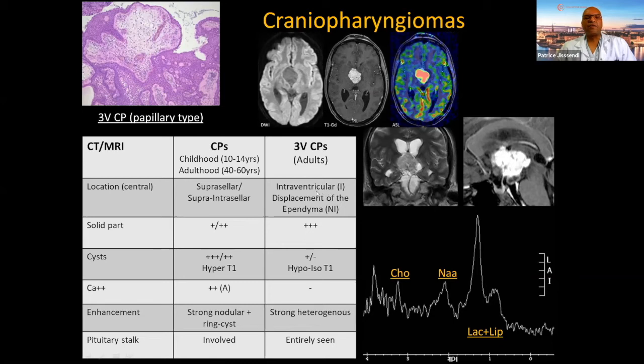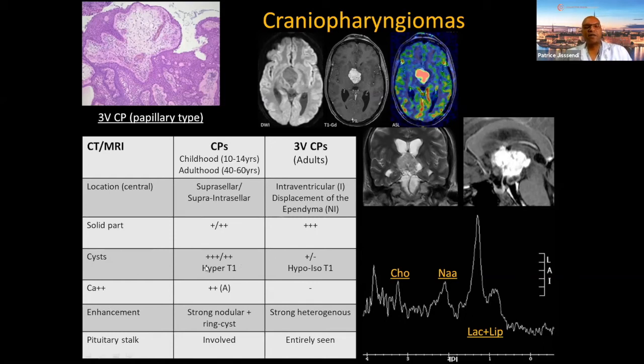And on the next slide, I will show the difference between intraventricular intrinsic craniopharyngioma and intraventricular non-intrinsic craniopharyngiomas. The solid part is found in both tumors, but in third ventricular craniopharyngioma, the solid part is the major part of the tumor, but in other craniopharyngiomas, the cystic part may be the majority of the mass.